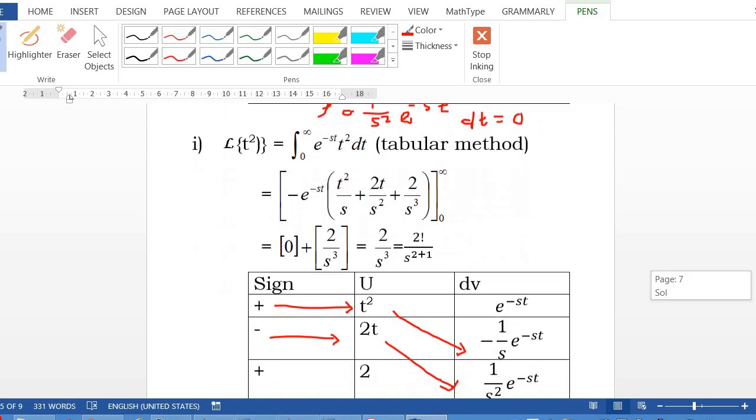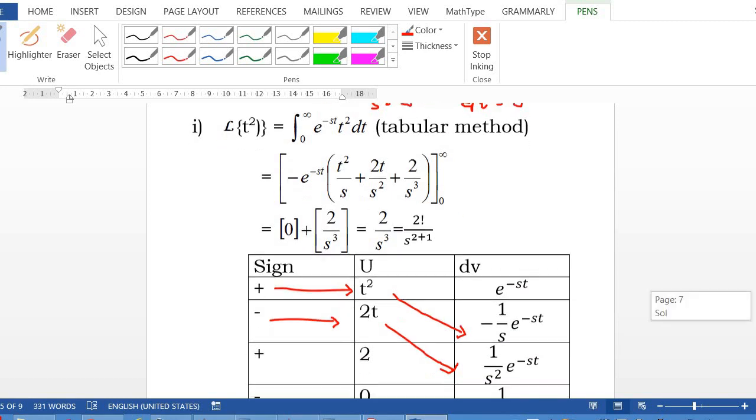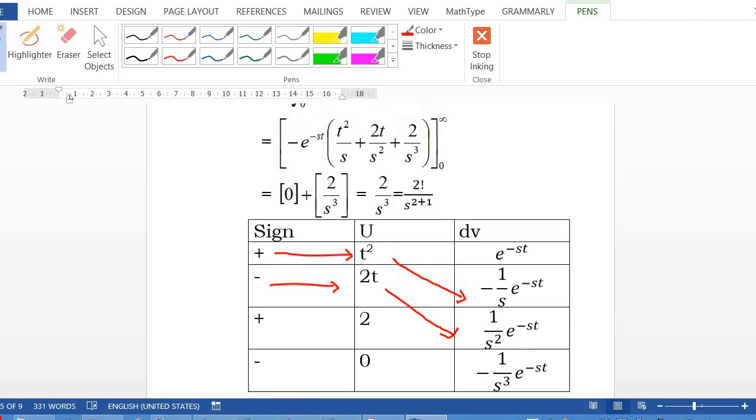Okay, similarly, if you show the Laplace transform for t squared using the tabular method, this is a result from the tabular method which you can look through or prove by yourself. In here, t squared and exponent negative st. Differentiate t squared, 2t; differentiate 2t, 2; differentiate 2, 0. So we have 3 results of the integration.